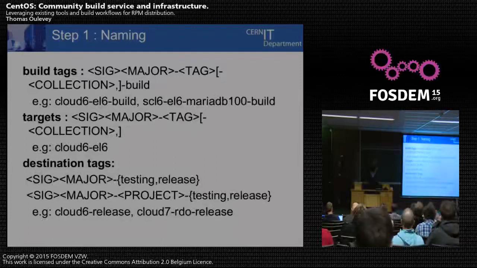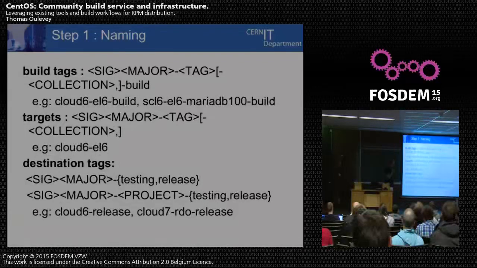So, more naming conventions. We needed to have some convention to be sure that we don't end up in a mess with different SIGs, because Fedora has a bit fewer targets since they don't have to change these tags, and they don't have to build software collections yet. So we tried to come up with a way to define build tags, targets, and destinations that make sense.